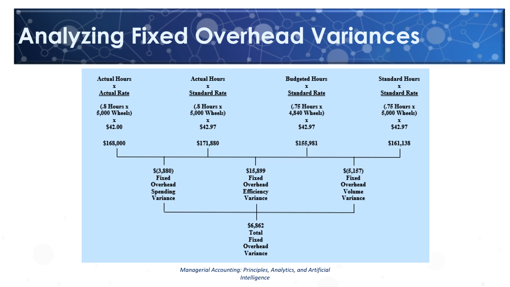The standard number of wheels, or expected or budgeted wheels, is 4,840 wheels. However, our actual was 5,000. So this cost difference is driven purely by production volume. We produced 5,000 wheels, which is greater than the expected volume of 4,840.